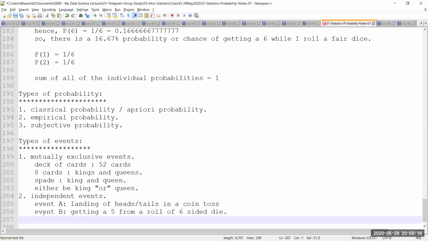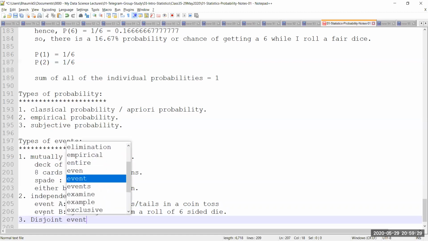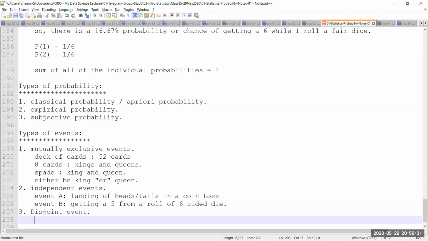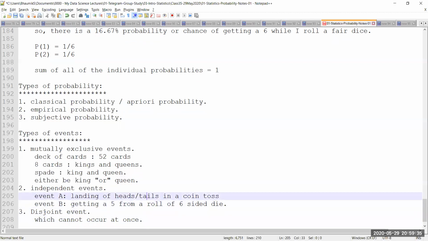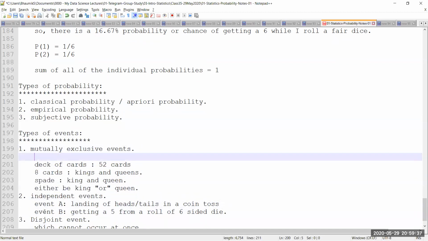Now we have two more types of events which we need to cover, and then we can go ahead. First of all, we have an event known as a disjoint event. These are the events which cannot occur at once. Oh, sorry, I think I needed to write the definition as well. Mutually exclusive is what?